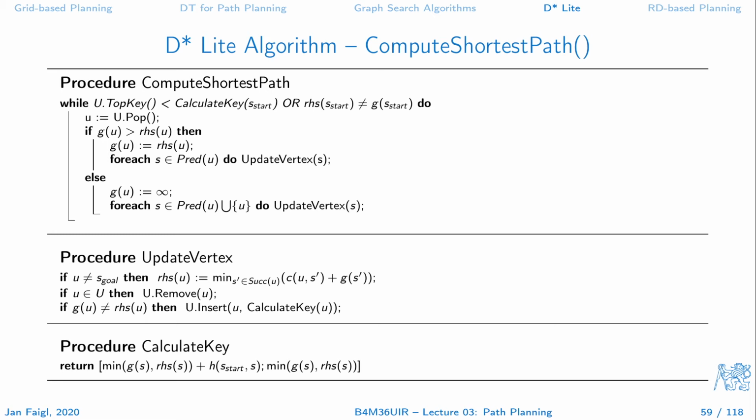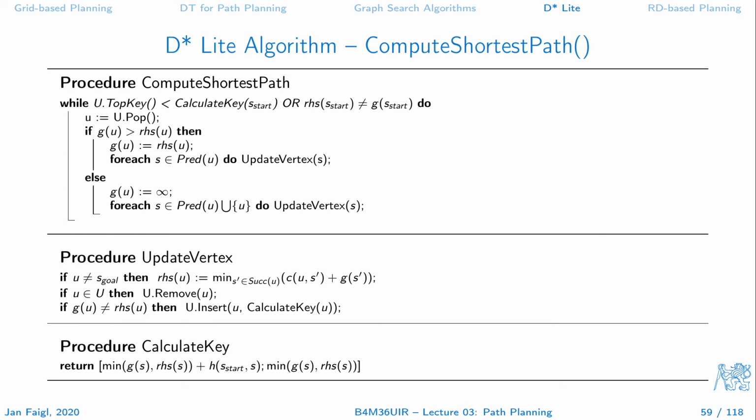So once we have on top of our open list a key that is lower than the current start, or there are some inconsistencies in the start node, then we pop a node from the open list, and then we can figure out if it is over consistent or under consistent.